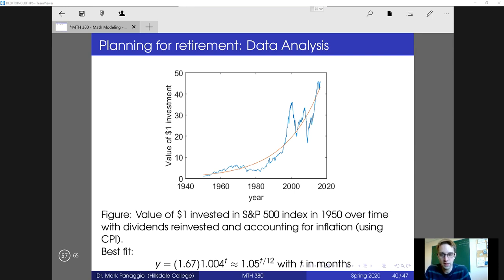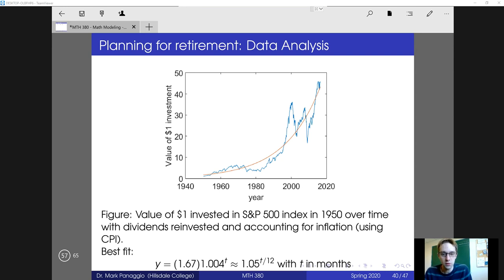And if you were to go back to 1950 and you account for the growth of the stock market with dividends reinvested, and you account for inflation using the consumer price index, you would see that a dollar invested in 1950 is worth somewhere in the ballpark, well, at least in 2016 when I created this graph, it was worth somewhere around $40. That went up pretty significantly over the last couple of years, and then in just the last couple of months, we've basically walked back a lot of that growth due to the coronavirus outbreak and other circumstances.